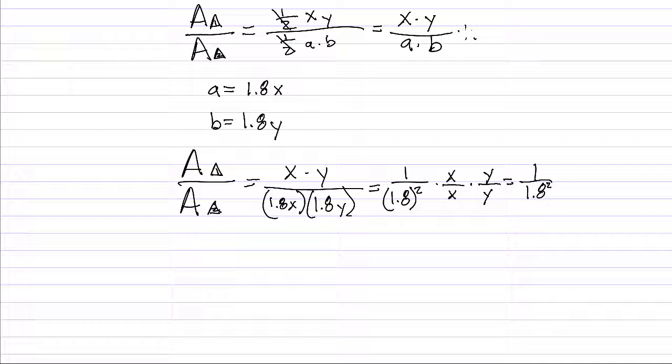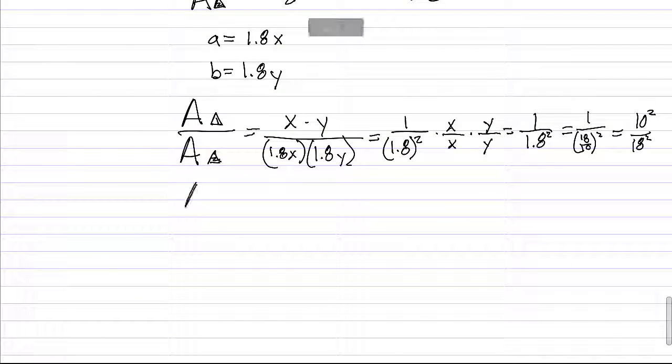But it's asking us to express it as a common fraction. That fraction would be 1 divided by 1.8, or 18 over 10, squared, which is equal to 10 squared over 18 squared.